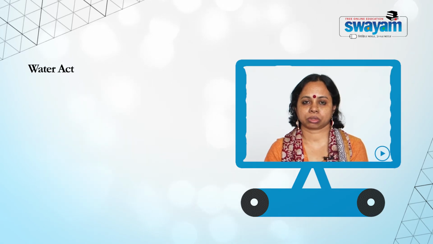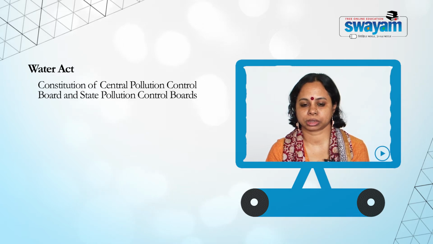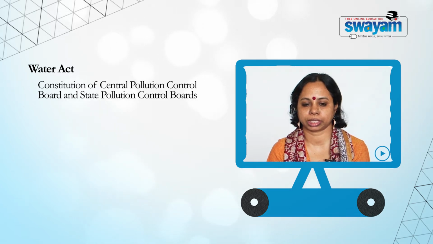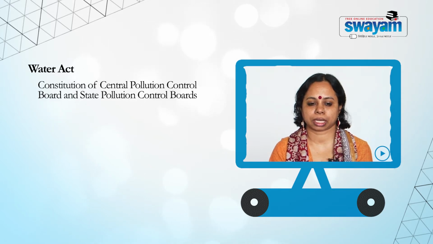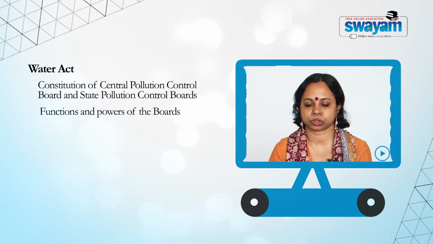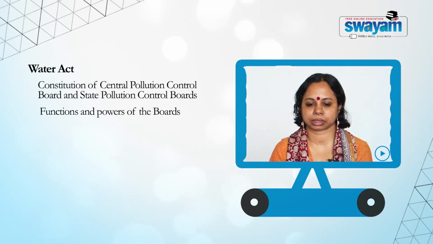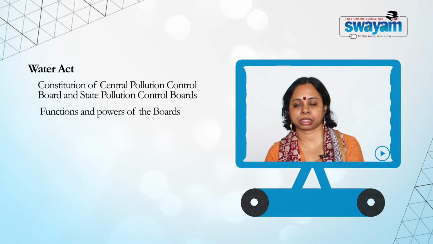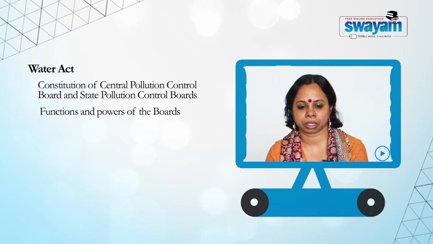Under the Act also, in order to control pollution, the Central Pollution Control Board and the State Pollution Control Boards have been envisaged and constituted, and they have been vested with certain functions and powers, which go to the extent of inspecting polluting units at times, sending samples to the labs, and at times taking necessary action in order to control pollution.